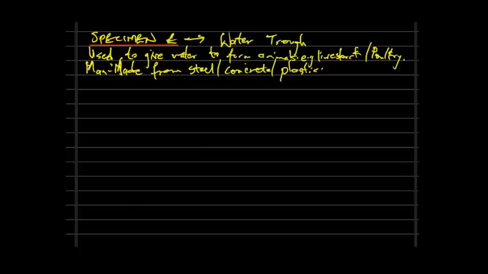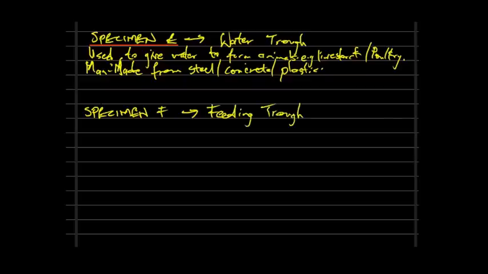So the next specimen we want to look at now is specimen F, the feeding trough. Now the feeding trough is somewhat like the water trough. The only difference is that the feeding trough is for feed, while the water trough is for water, like the name implies.